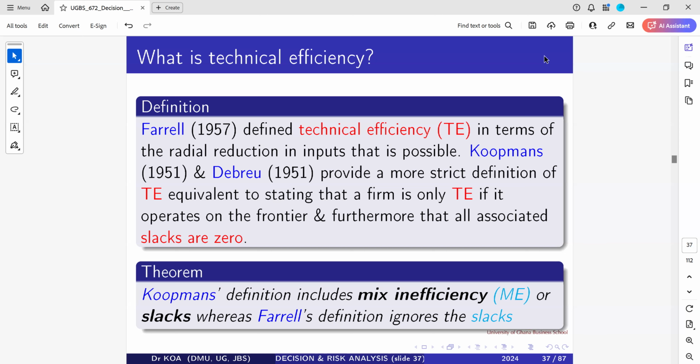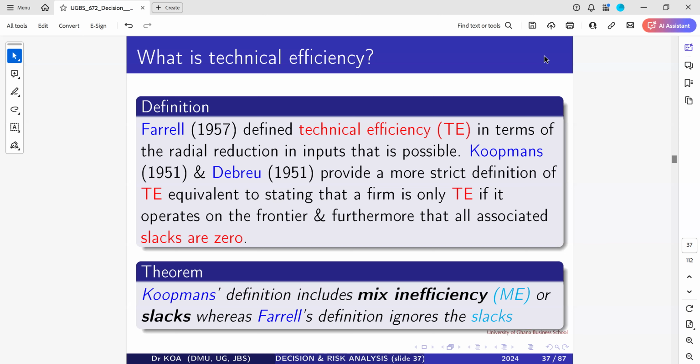What does that mean? Without a shadow of a doubt, you will be said to be efficient on the input side because you have been able to reduce the input and still get the same output that you were originally getting.